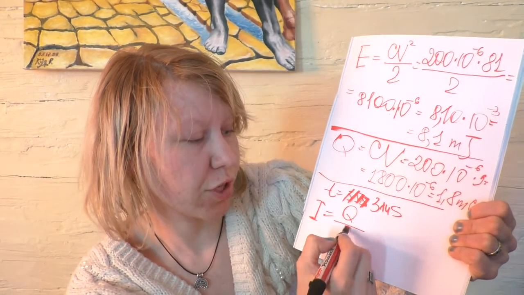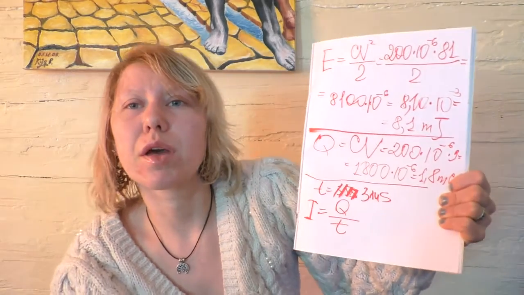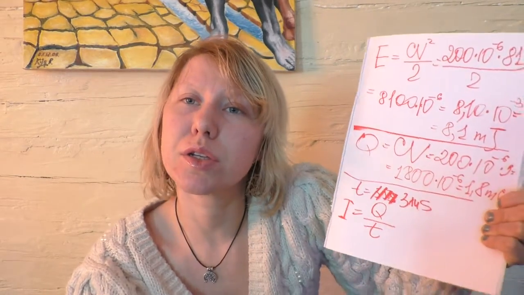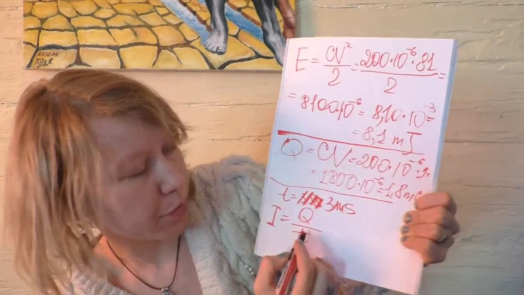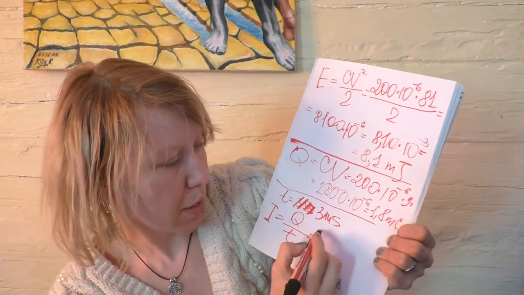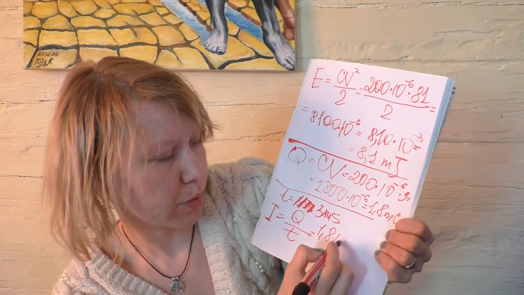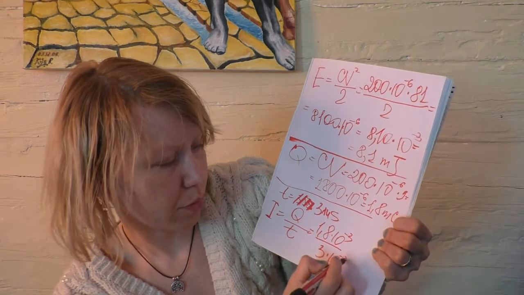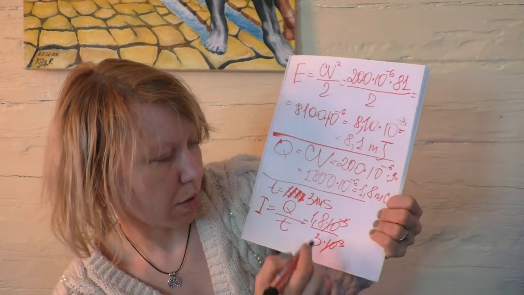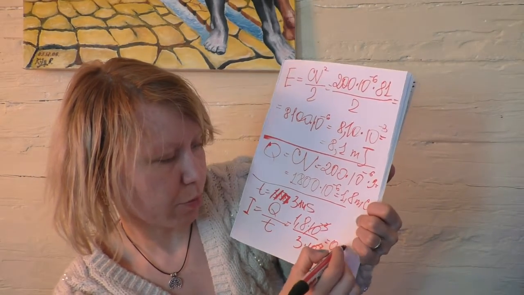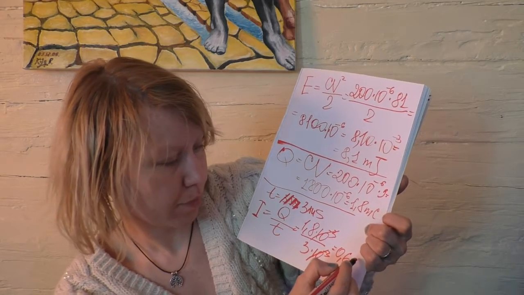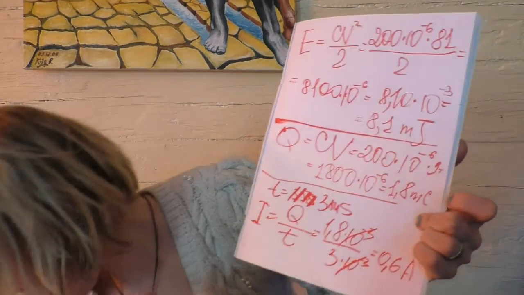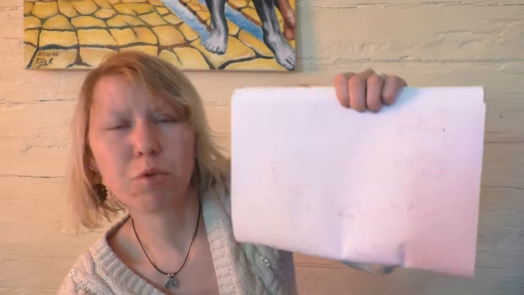It's the amount of charge going through the conductor in a period of time. So we can use the Q that we already know, divided by 3 times 10 to the minus 3. And here will be 0.6 ampere.